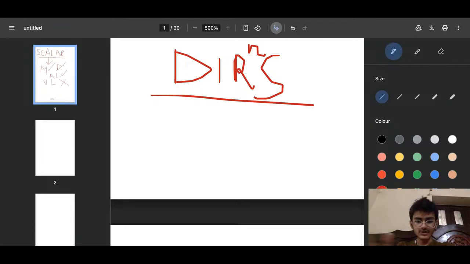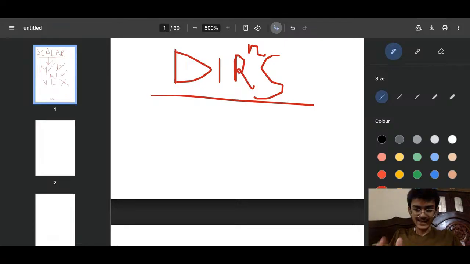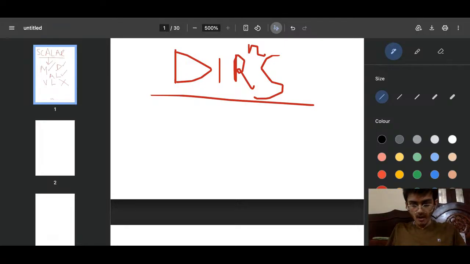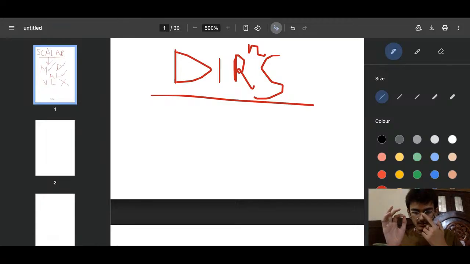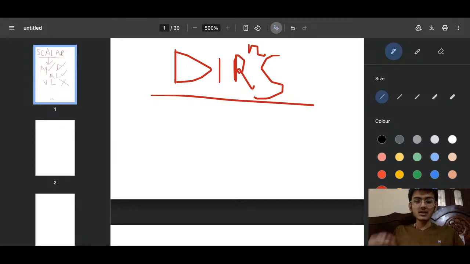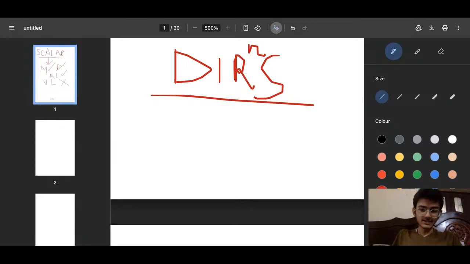What you're saying, north, south, east, west, what is it actually? The words north, south, east, west themselves do not have any meaning. They are meaningless actually. The word north, if you translate it to Hindi, that doesn't mean that it has a meaning.